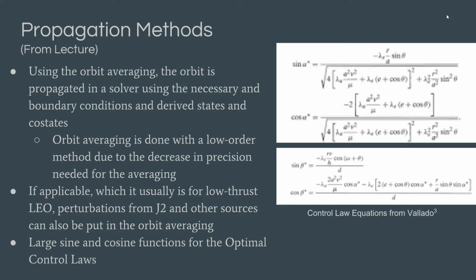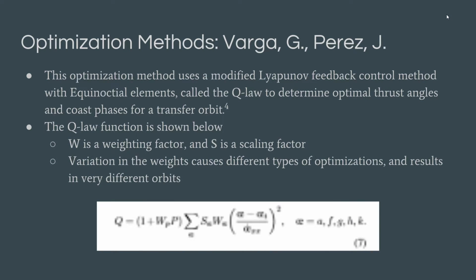That is just thrown in over an average amount of time because we have the J2 perturbations, the rate of change in right ascension and argument of perigee. And there are large sine and cosine functions for the optimal control laws for this propagation method.